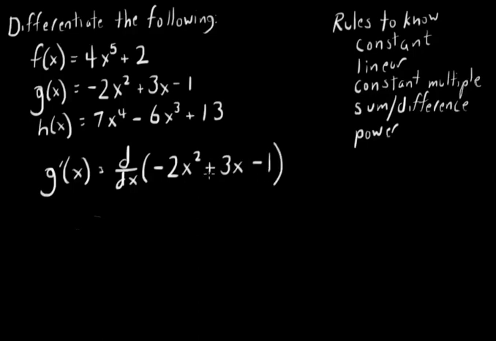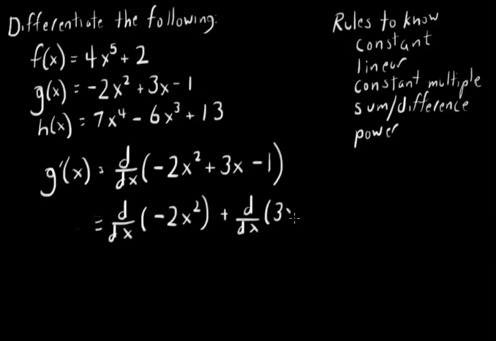Again, I've got a sum between this quadratic and this linear function, so I'm going to break things up using the sum rule. Make sure that looks like an x. Just like last time, we've got a constant multiple, so we're going to pull that out in front.